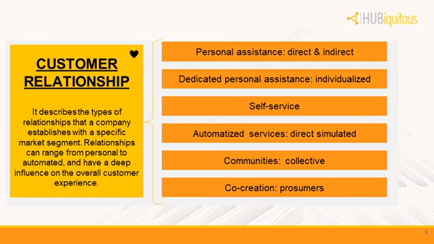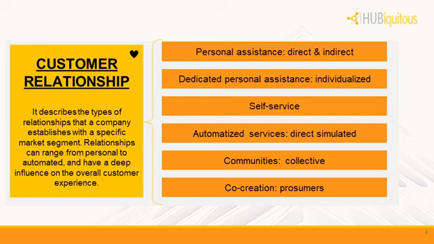So here we have the definition. As always, the customer relationship describes the types of relationships that a company establishes with a specific market segment. These relationships can range from personal to automated.